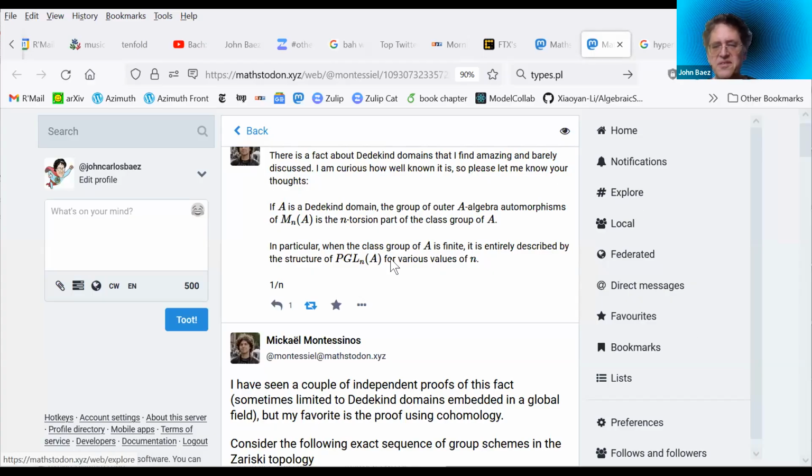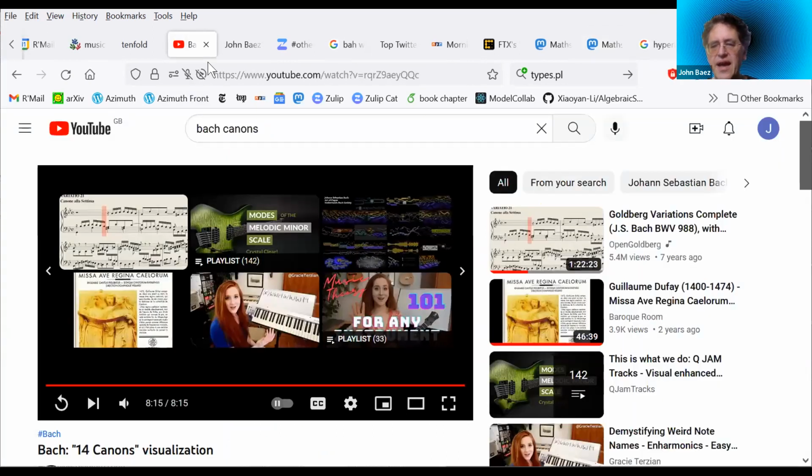I think I'm ready. Okay. So I think the way I'll present this is sort of the way that I saw it. So I'm going to share my screen. I'm now on something called Mastodon, which is a kind of social media thing, and somebody there was sharing something about ideal class groups.